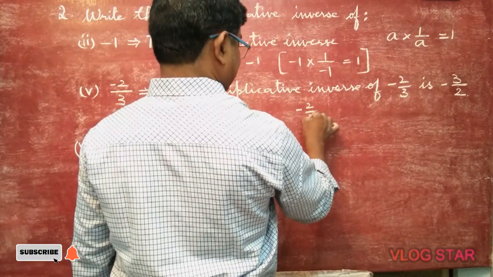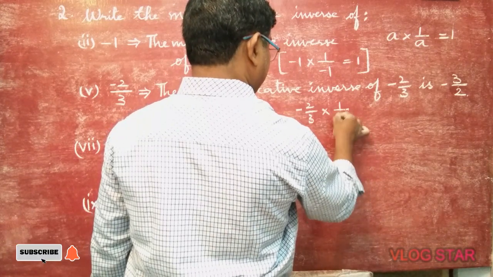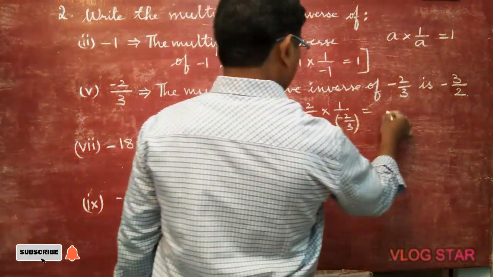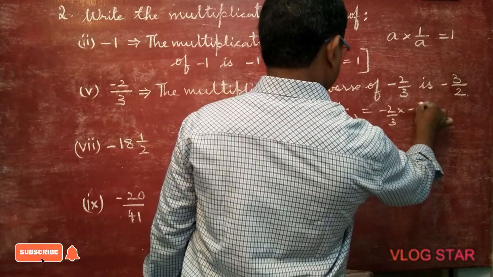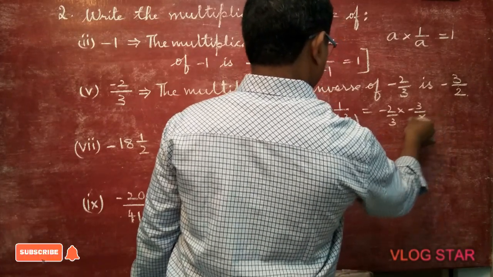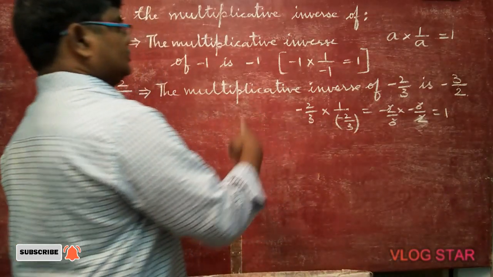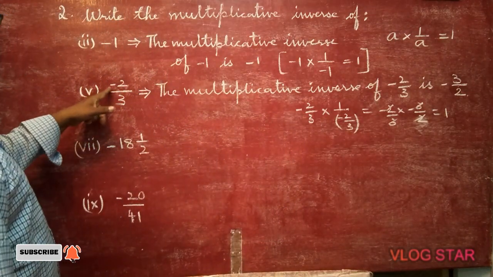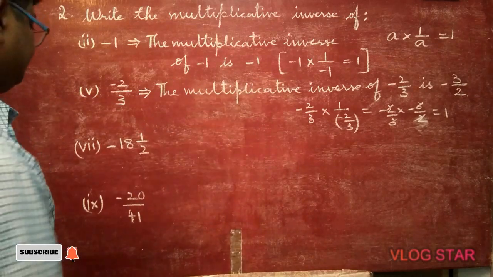Minus 2 by 3 into 1 by minus 2 by 3, the reciprocal. Minus 2 into minus 3 by 2. Minus into minus is plus. 2 get cancelled, 3 get cancelled. You will get 1. So, for minus 2 by 3, it is minus 3 by 2.